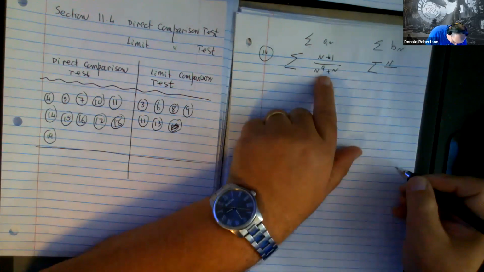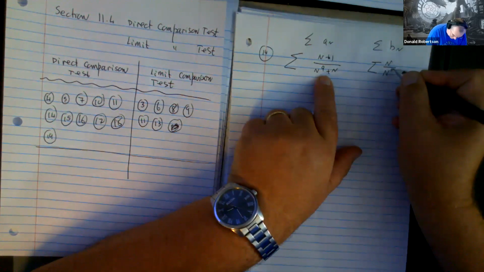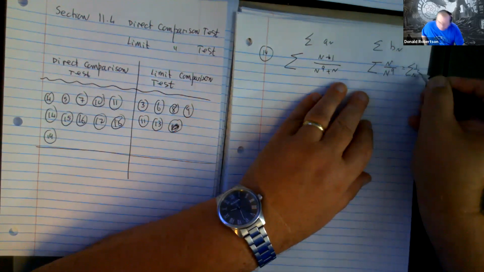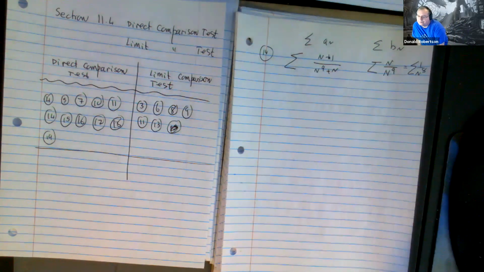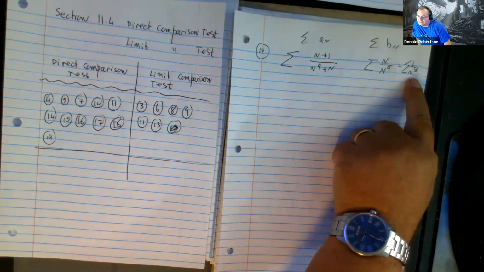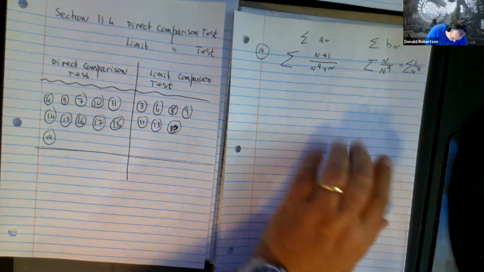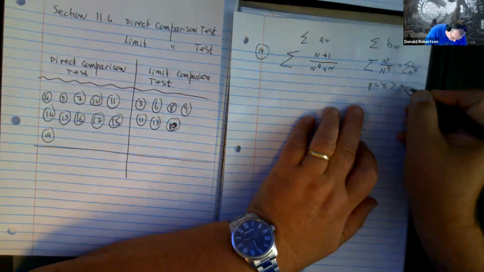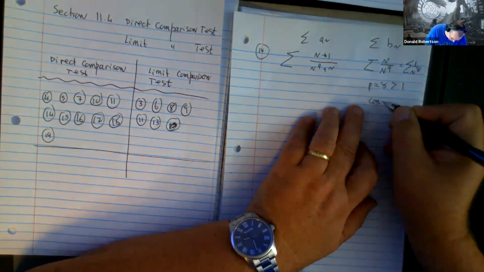And you cut off everything and you leave behind the big bit. Do you see that that becomes this fella? Are you happy that this guy behaves like 1 over n to the 8? 1 over n to the 8 is a p-series. That's p equals 8. That's bigger than 1, so this series converges.